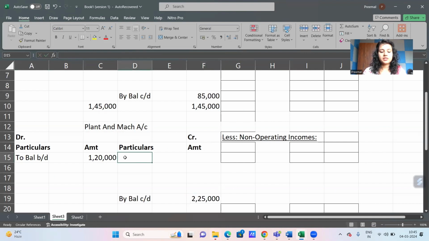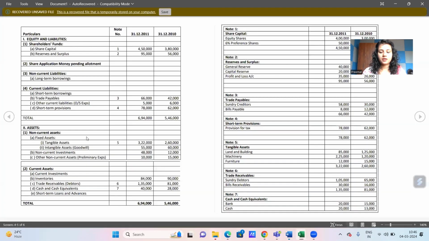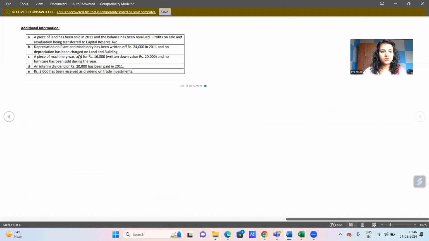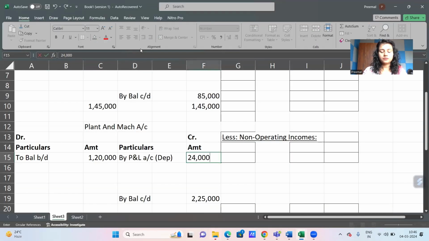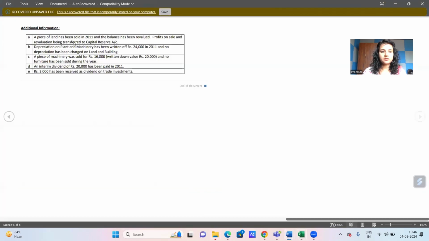Now, in the adjustments, they've mentioned depreciation. So therefore, it will be entered on the credit side as by P&L account, indicating depreciation. The amount of depreciation is 24,000. Now, apart from this, there has also been a piece of machinery sold for 16,000.